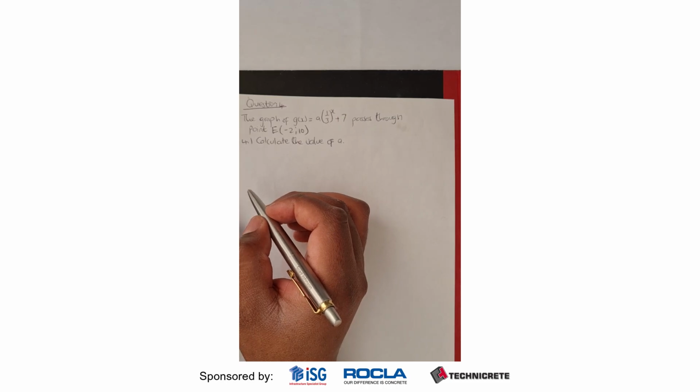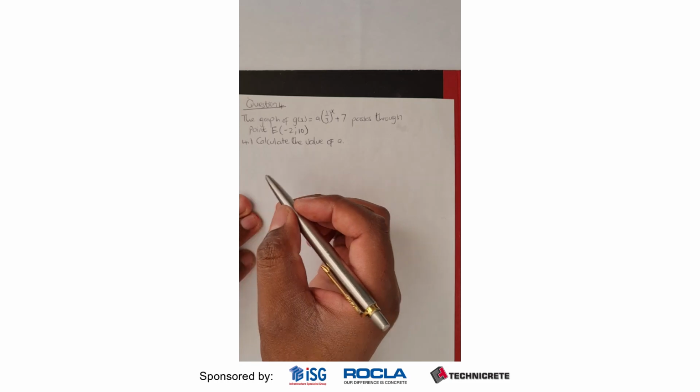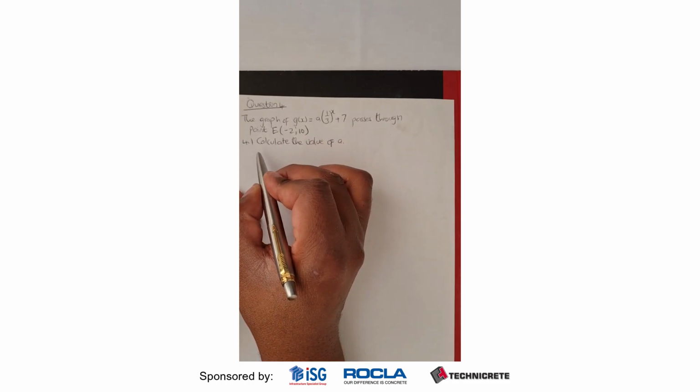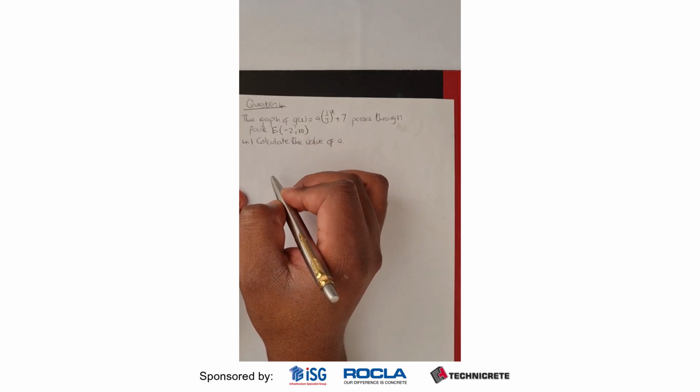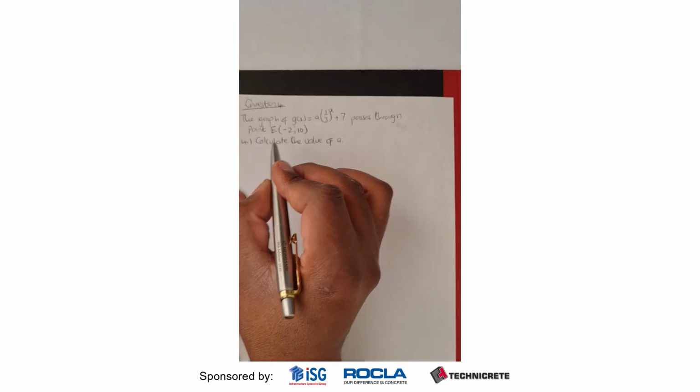First question, calculate the value of a. So we can easily do that, as the mark allocation tells us it's only 3 marks.